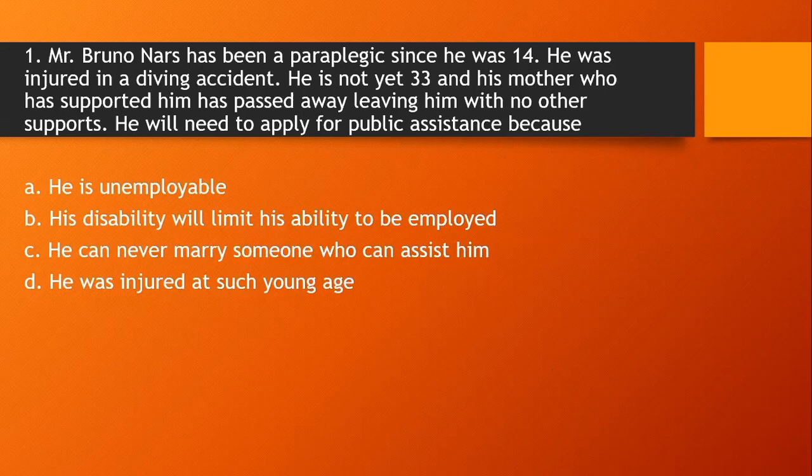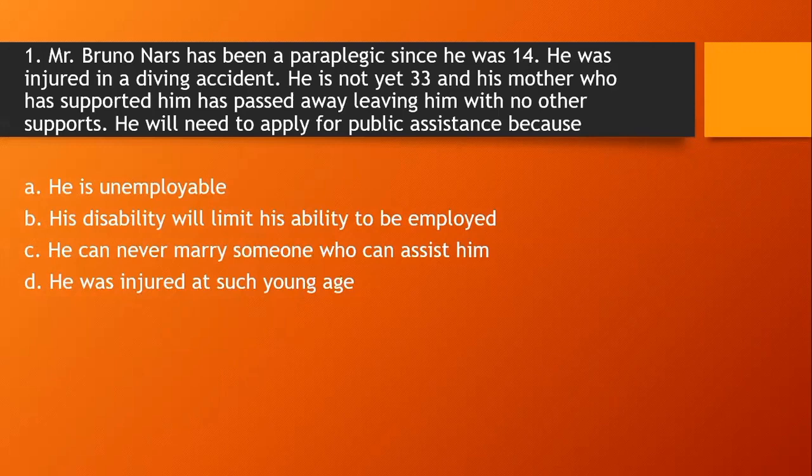If you can still remember sa ating discussion, there are three sources of problem or need. First is personal inadequacies. Second is yung environmental inadequacies. Third is both. Pag sinasabi natin personal inadequacies, ano ba yung consider natin na problem? It can be due to, sa case na ito is physical incapacity.